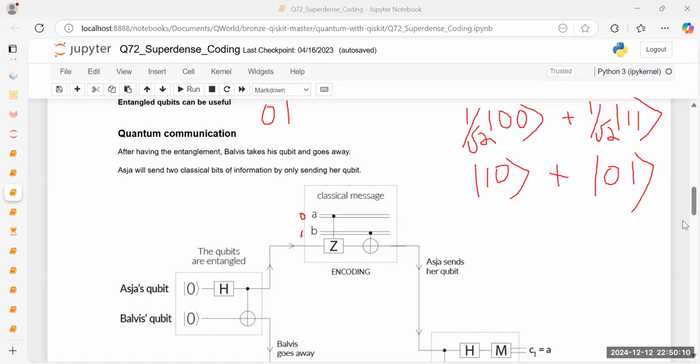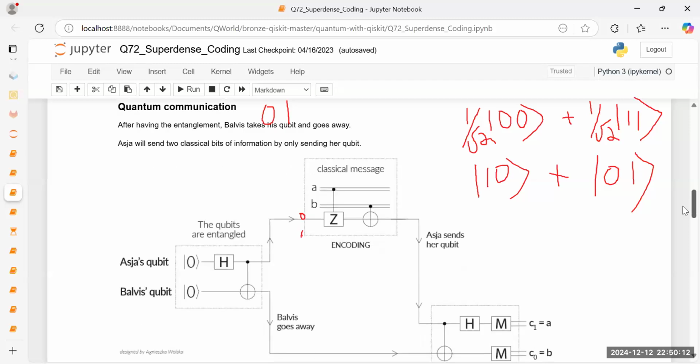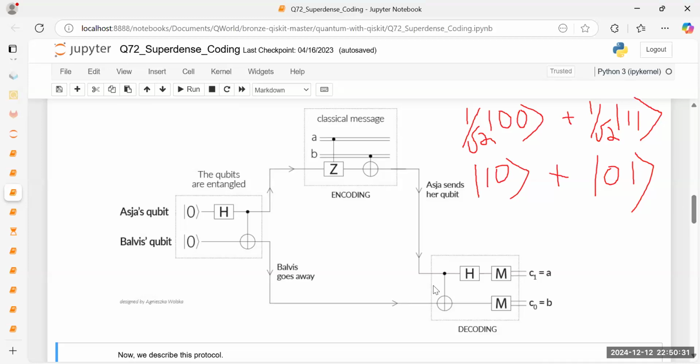And then she'll send her qubit to Balvis, and he can start decoding the information she intended on sending.